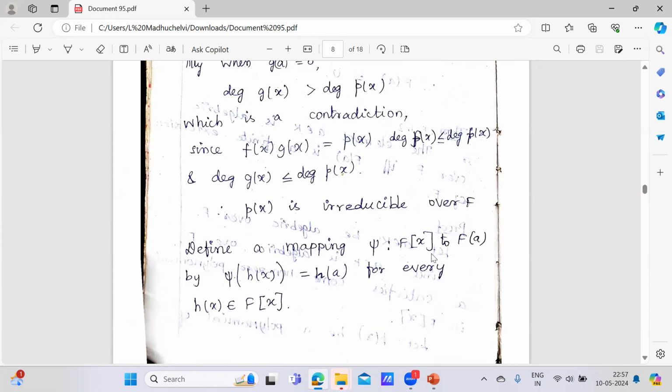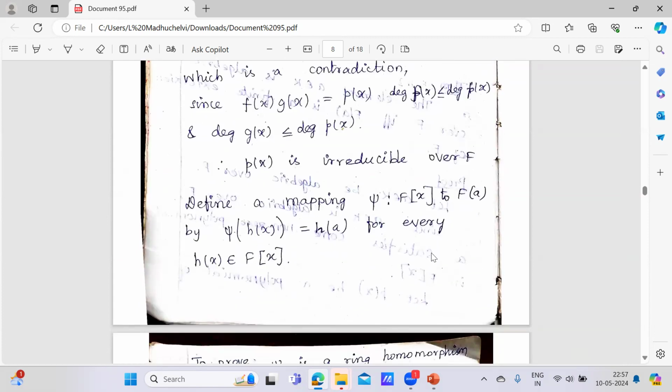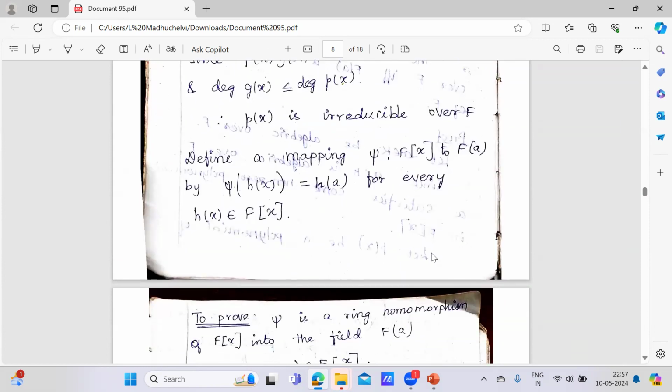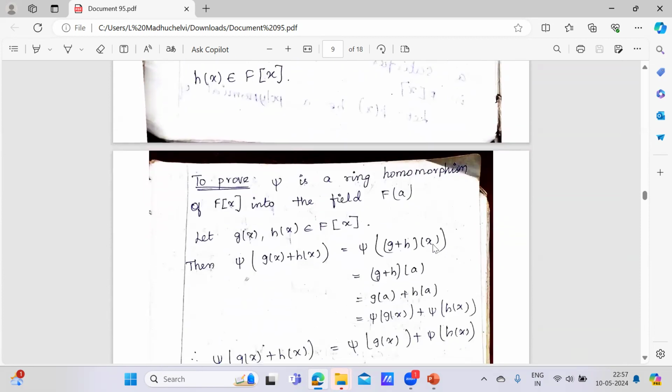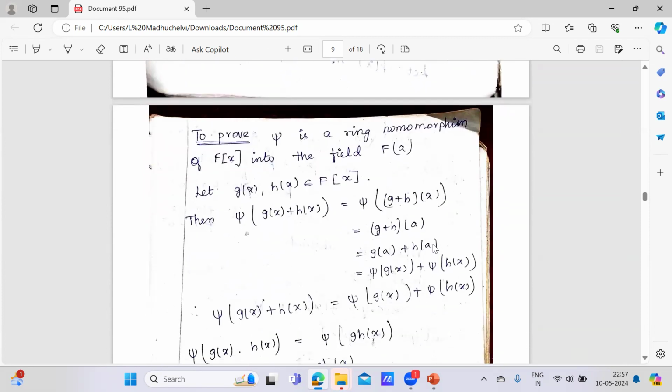Next, we define a mapping psi from F of x to F of a by psi of h of x equal to h of a for every h of x belongs to F of x. To prove, psi is a ring homomorphism of F of x into the field F of a. Let g of x, h of x belongs to F of x. Then psi of g of x plus h of x equal to psi of g plus h of a, that is g of a plus h of a, that is psi of g of x plus psi of h of x.